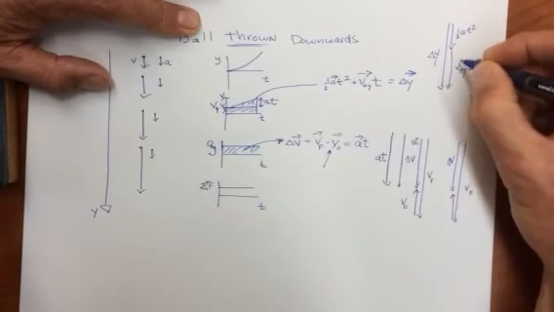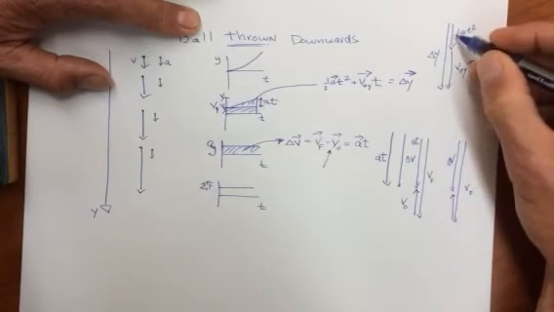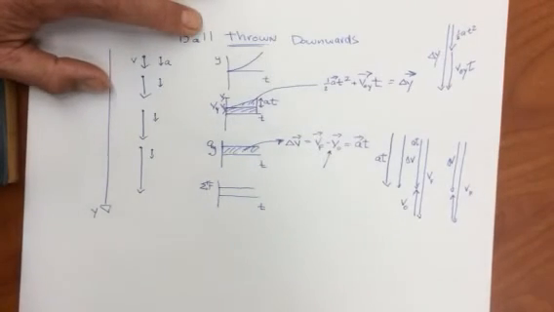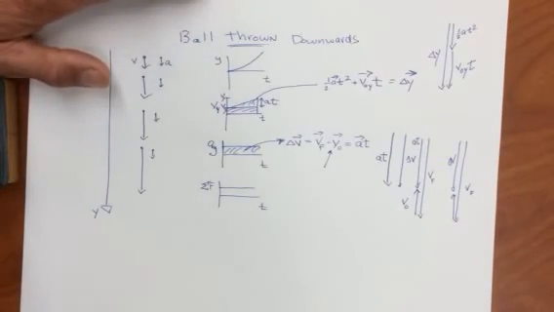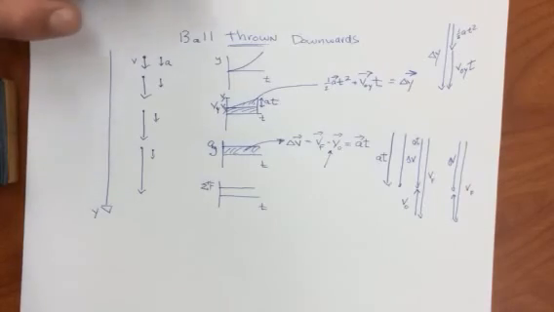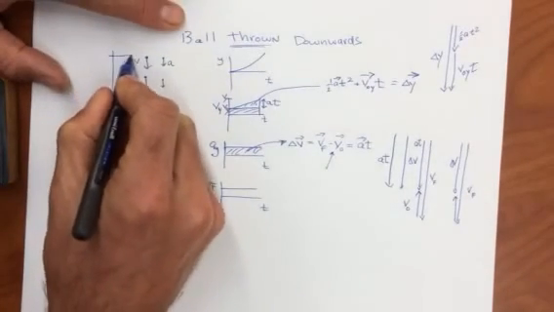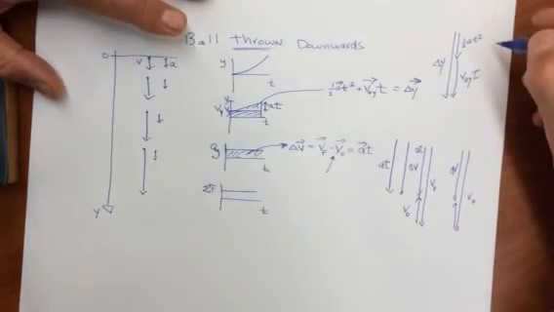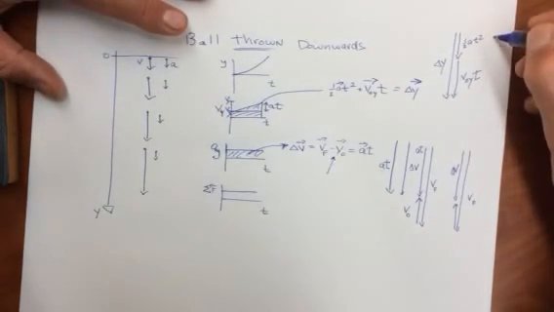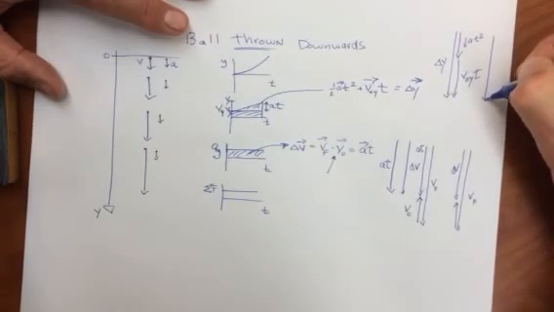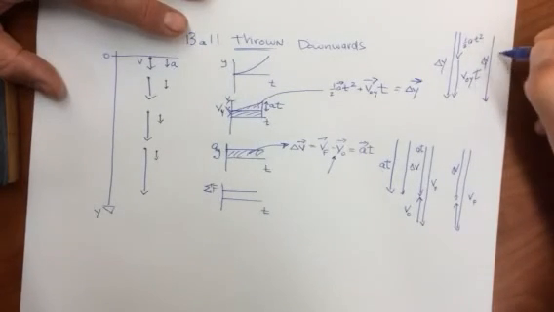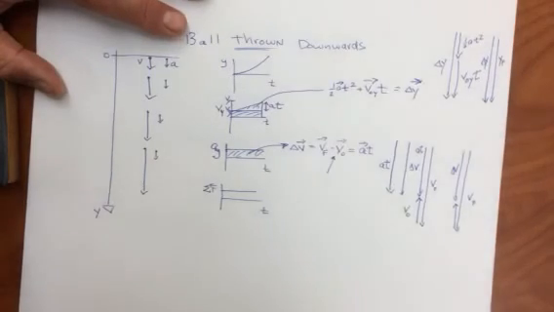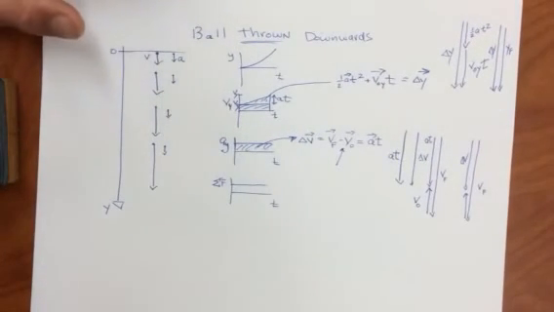So v naught t and 1/2 AT squared, those magnitudes add together to give me my displacement in the y direction. I would probably have my object start at a 0 position just to make things simple. So you could argue that my displacement vector is exactly equal to my final position vector if you start with a 0 position.